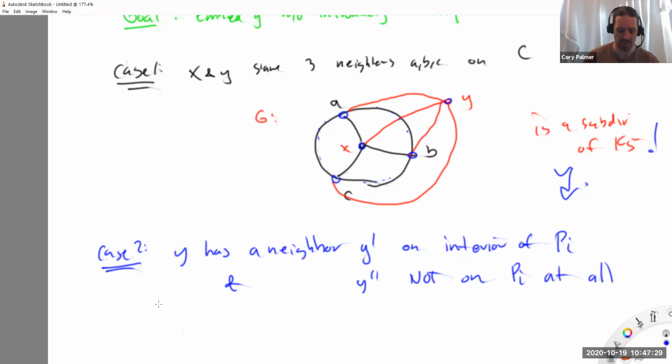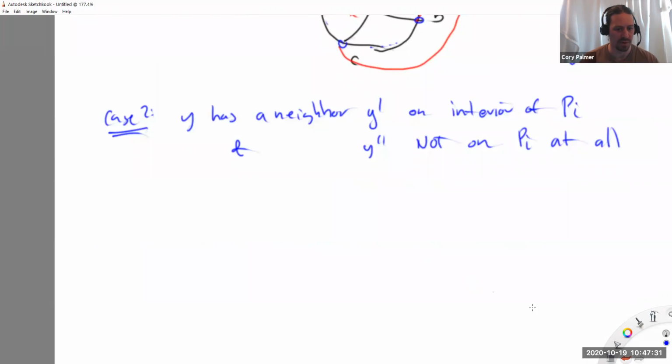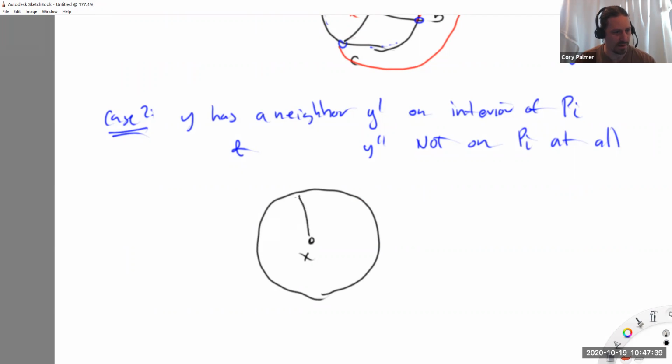Let me draw this picture. Maybe this would have been the better case to start with. So this case, again, is a problematic one. Here's X, here's Xi and Xi+1. So this arc here is Pi, right? And then I want to draw Y somehow. Oh, I'm missing an edge here.